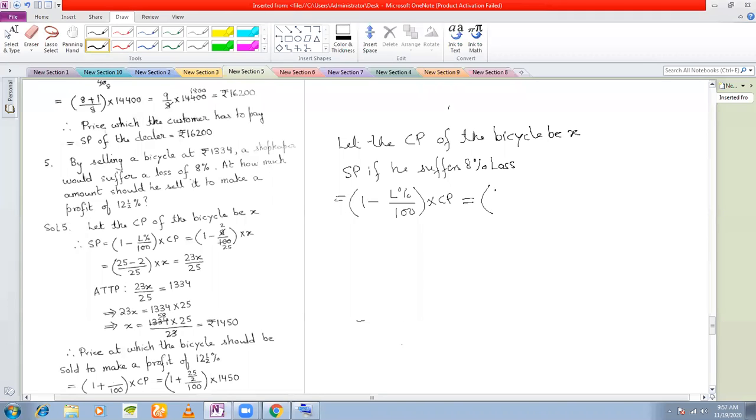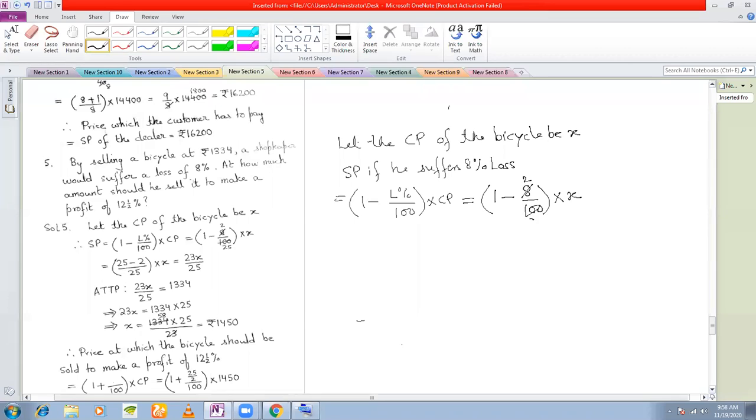And this is 1 minus loss percent, which is 8, and the cost price here is X. So if he's selling it at this price, 1 minus 8 by 100 into X, he's suffering a loss of 8% if he is selling it at this price.